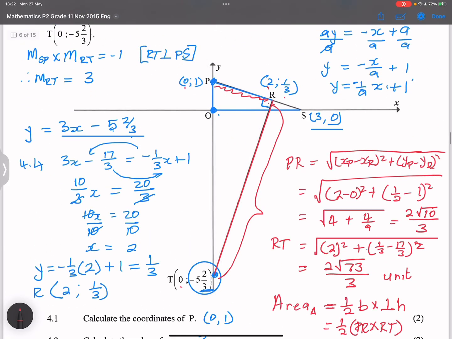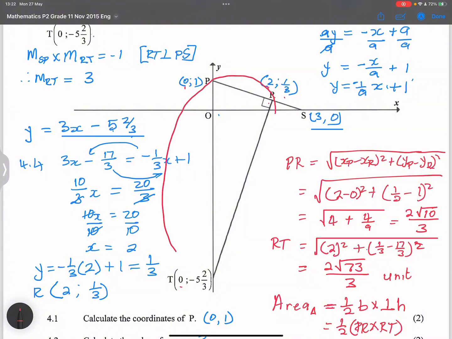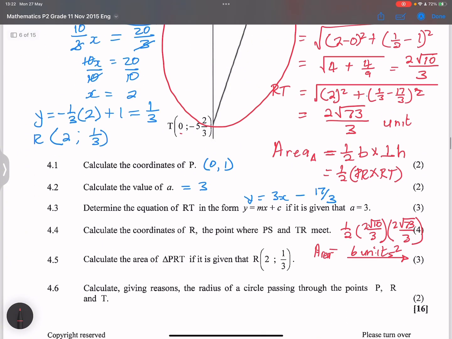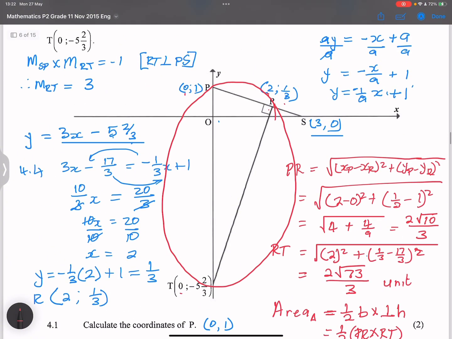So if I look at a circle that would be passing through PRT, all right, now this would be a circle, right? Now I want you to note, how would I know what is the radius? That's what they asked us, okay, of that circle.